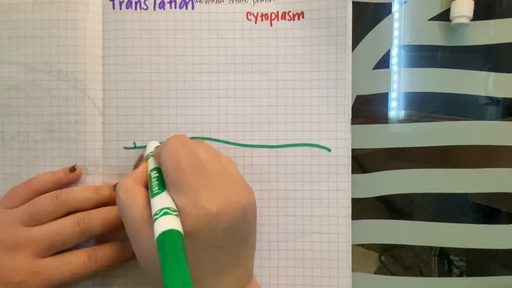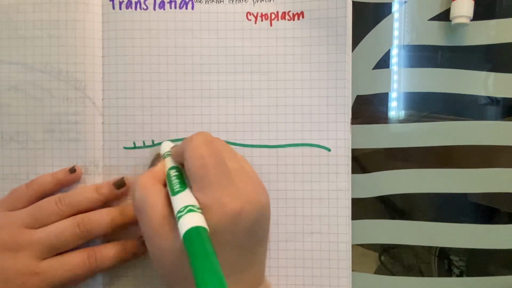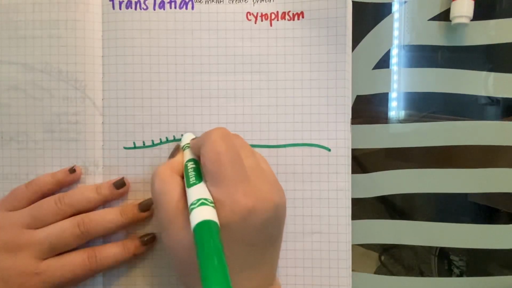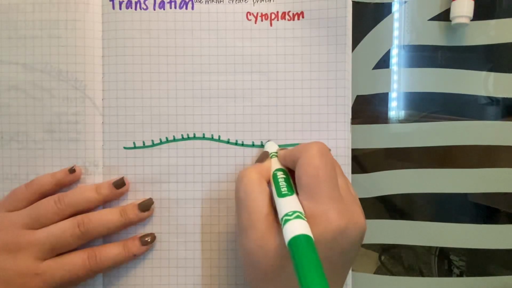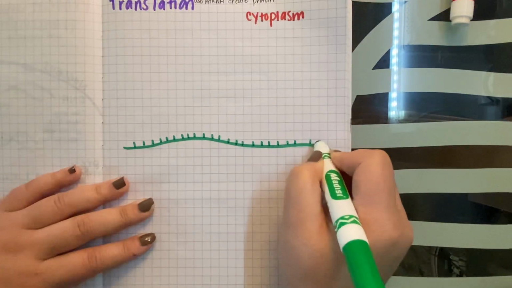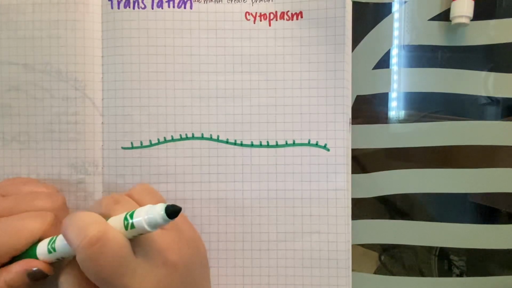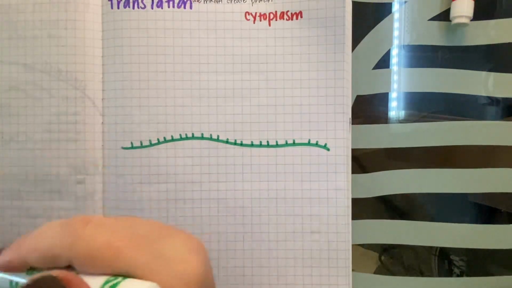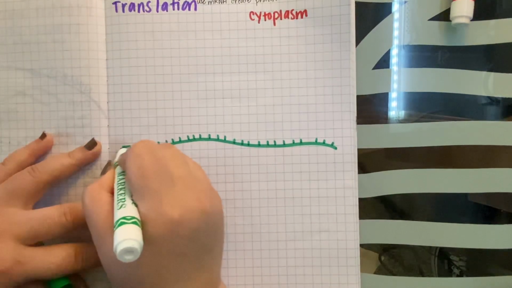We're going to have our bases. I'm going to draw these a little closer together. You want a multiple of 3, if you didn't notice I was doing that. On our mature mRNA, we have our 5' cap still.